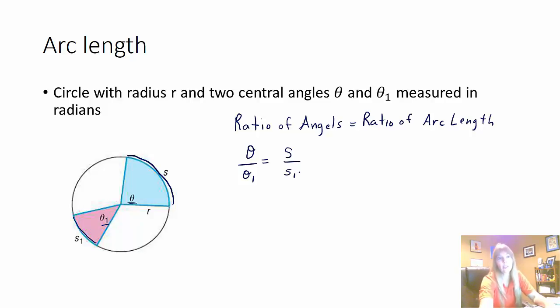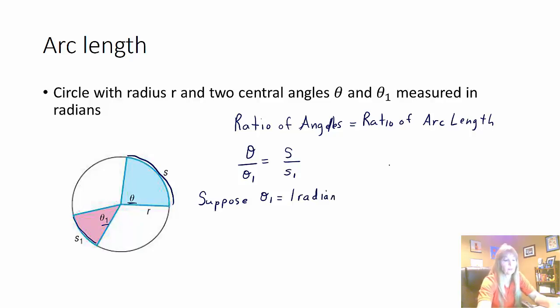So we're just saying the ratio of the angles, and I set it equal to the ratio of my arc lengths. Well, let's suppose that theta 1 is 1 radian.